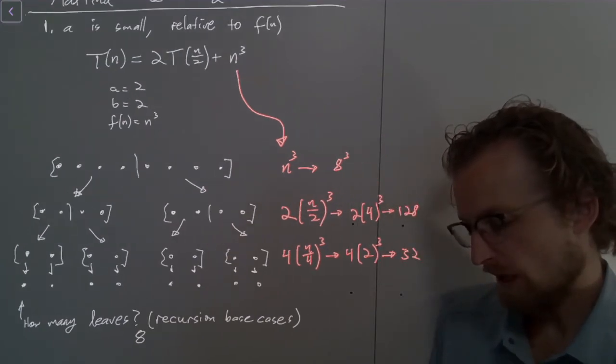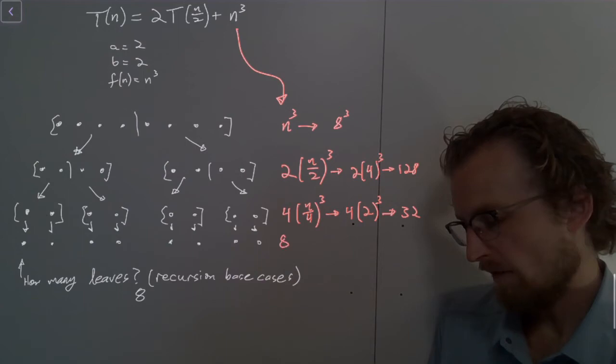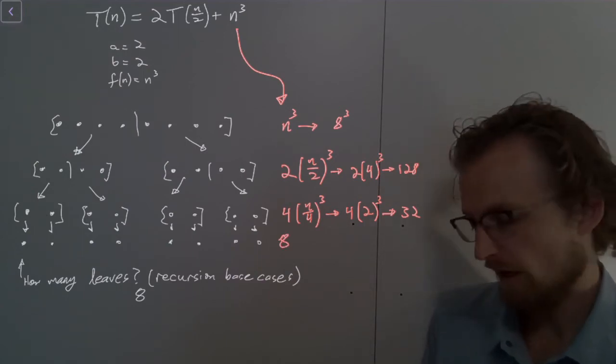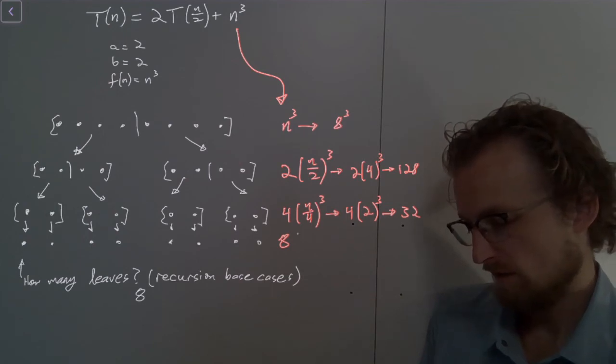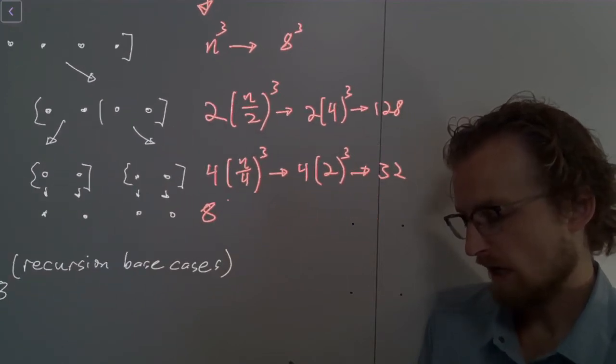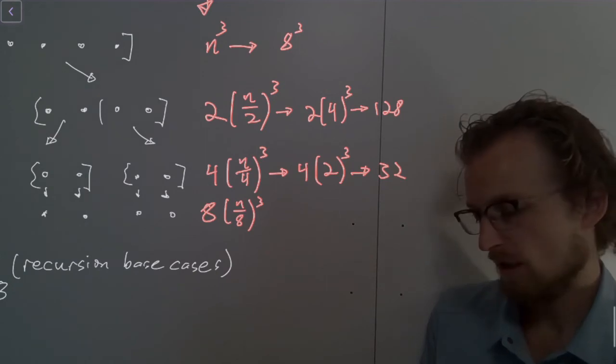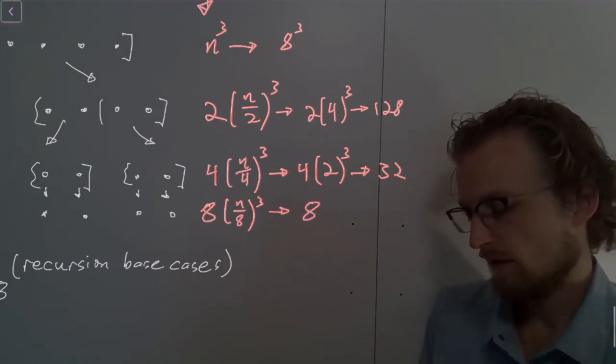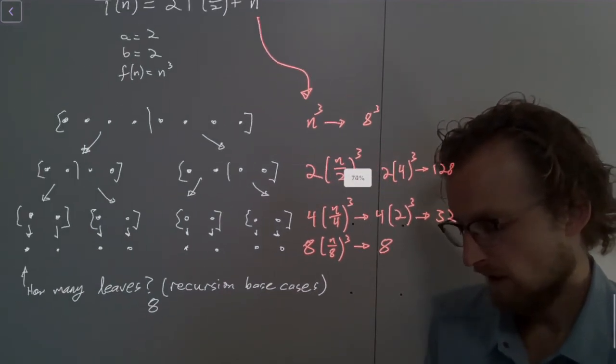And down at the bottom we have 8. Now there's 8 size 1 arrays, and each of those is size n over 8. Each of these is size n over 8, and we cube that, and so this is exactly 8. So what do we have?